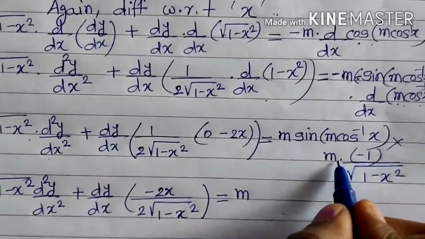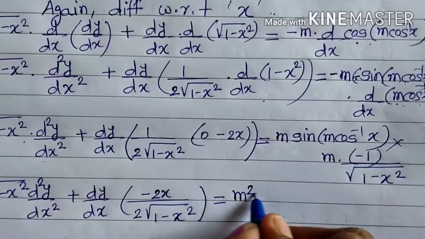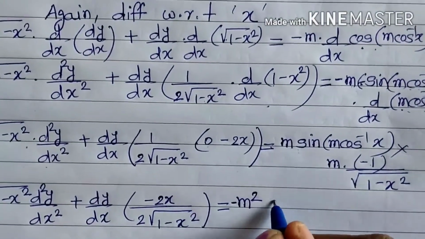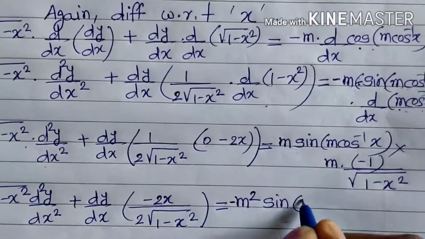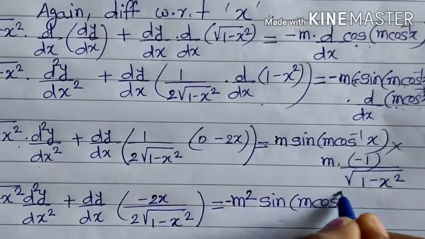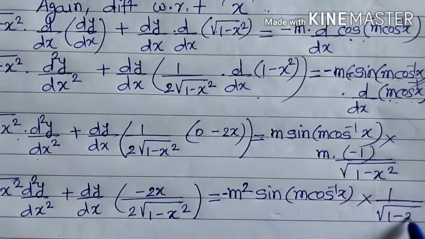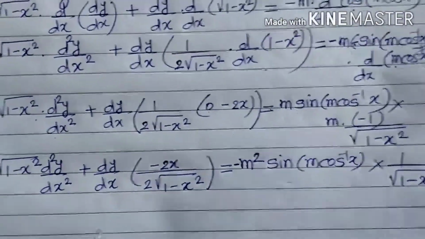is equal to, you can calculate this, m into m square, m into this minus 1 which is minus, and this sine(m cos inverse x), and this is into 1 upon under root of 1 minus x square.